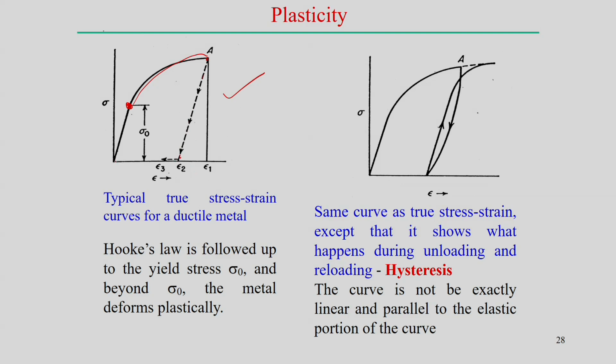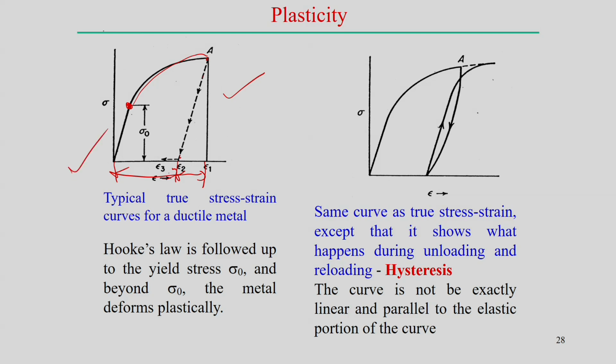Therefore, this amount is the permanent strain that exists within the material, because it crossed the yield point, but this amount of strain represents the elastic recovery during this deformation process. So, this is typically called elastoplastic material behavior, a typical stress strain diagram of a ductile material, and most engineering materials actually follow this kind of stress strain behavior.